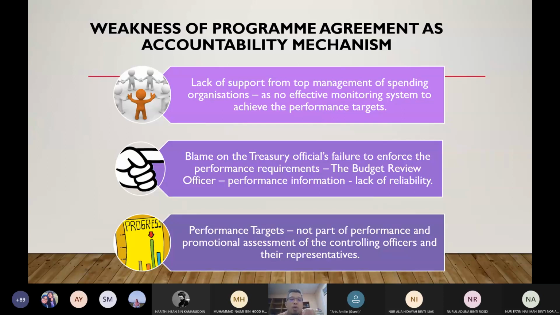Okay, that's also an inherent weakness in the system. Because promotion is under the Prime Minister's office and under the Public Service Commission, in Treasury it's not directly part of that. So that somehow contributes to the weaknesses in the program agreement.